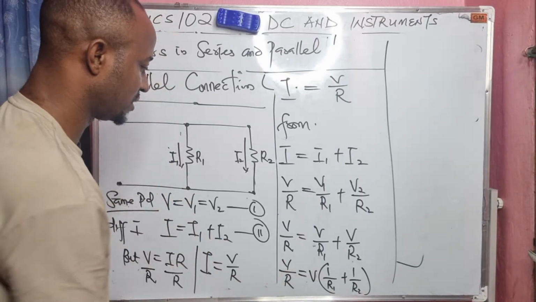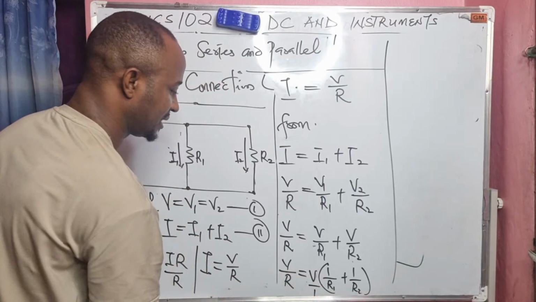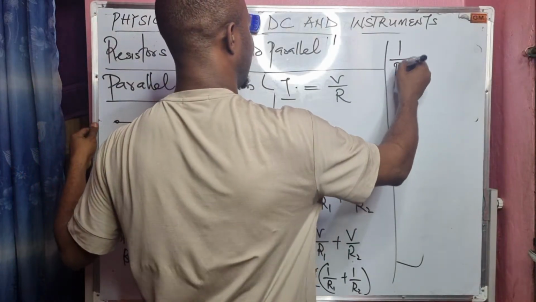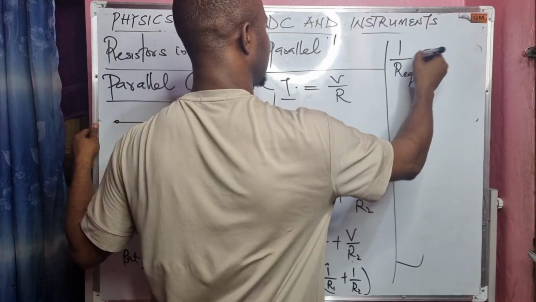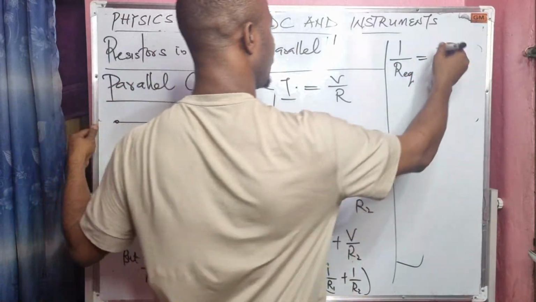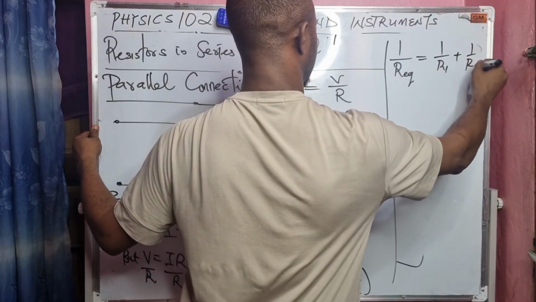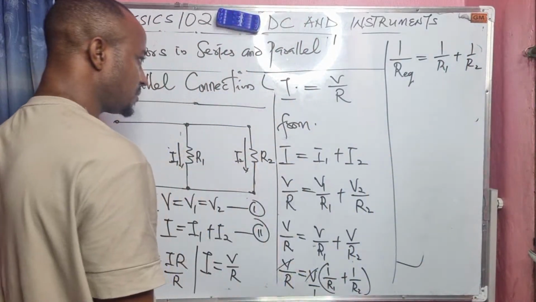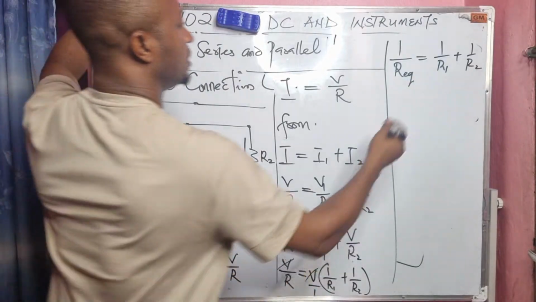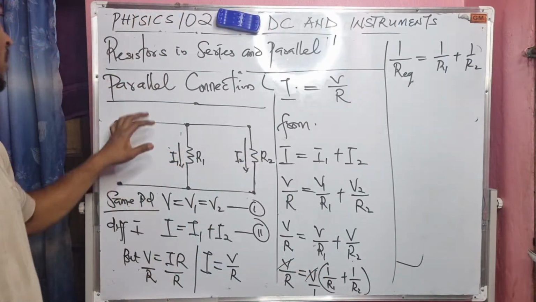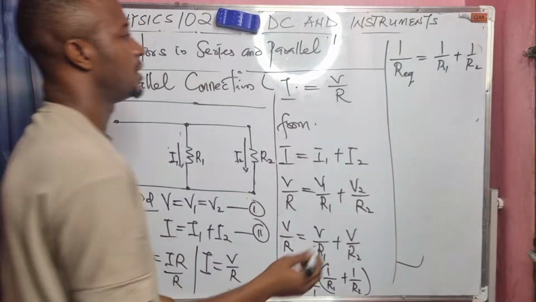So V is common, like saying V over 1. V can cancel out V here. We are left with 1 over R equivalent equals 1 over R1 plus 1 over R2. This is how to find our equivalent for parallel connection.